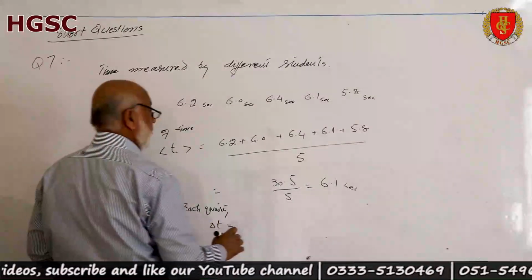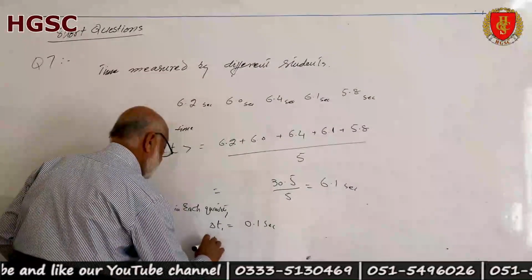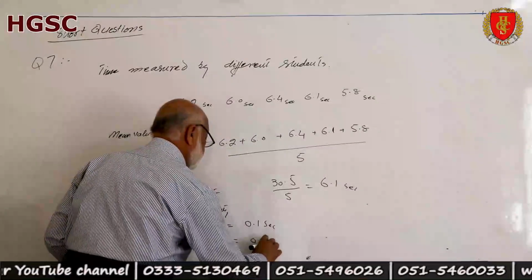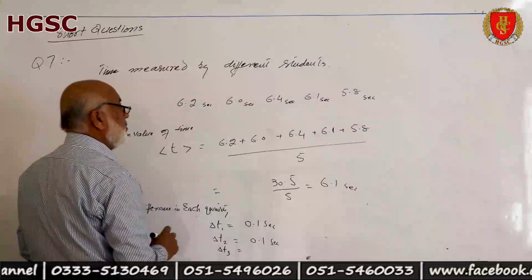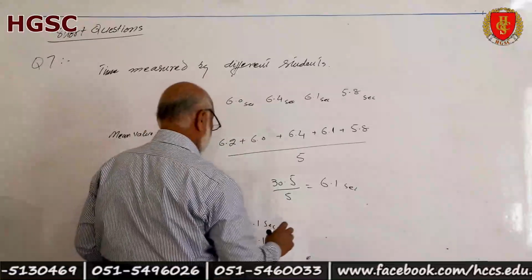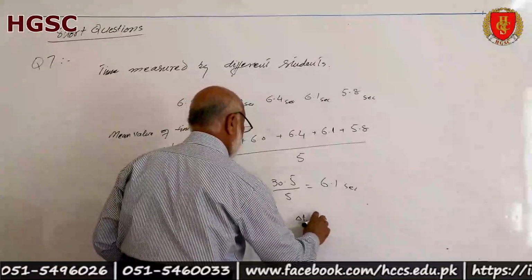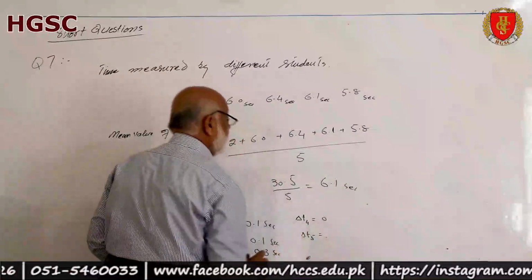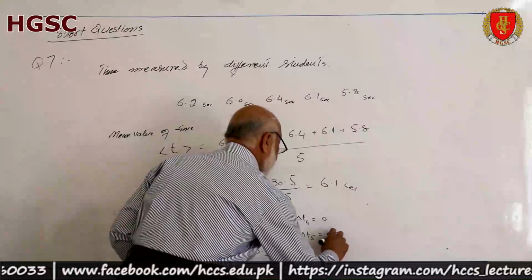Delta T1 is 0.1 second. Delta T2 is again 0.1 second. Delta T3 is 0.3 seconds. Delta T4 is 0, and delta T5 is 6.1 minus 5.8, 0.3 seconds.